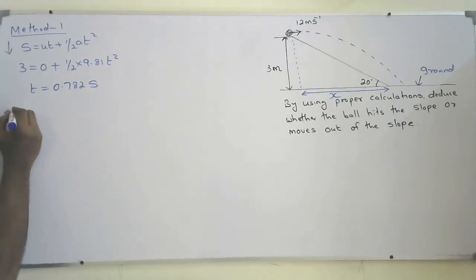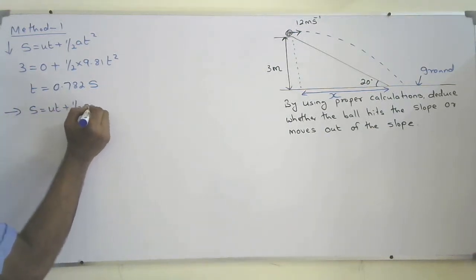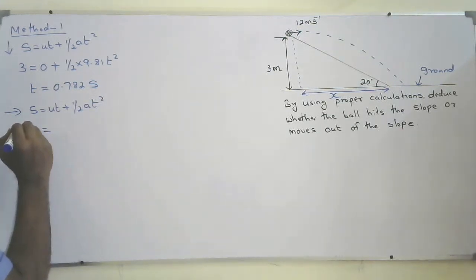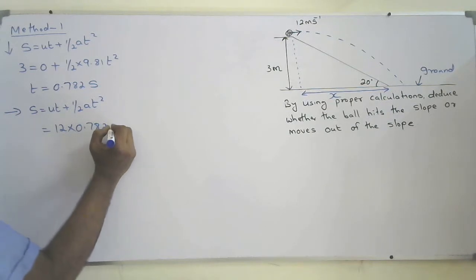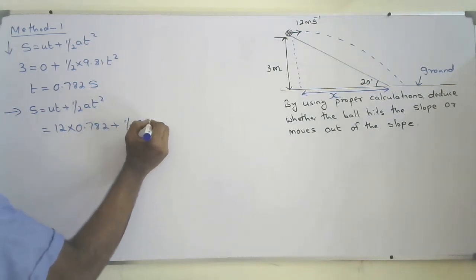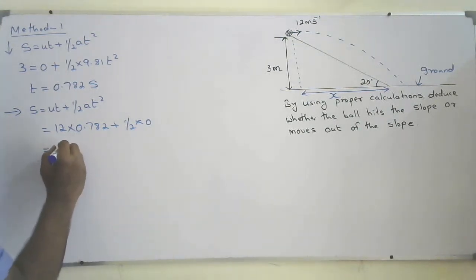So horizontally use S equal ut plus half at squared, that is 12 into 0.782. Horizontally, no acceleration. So its horizontal displacement will be equal to 9.4 meters.